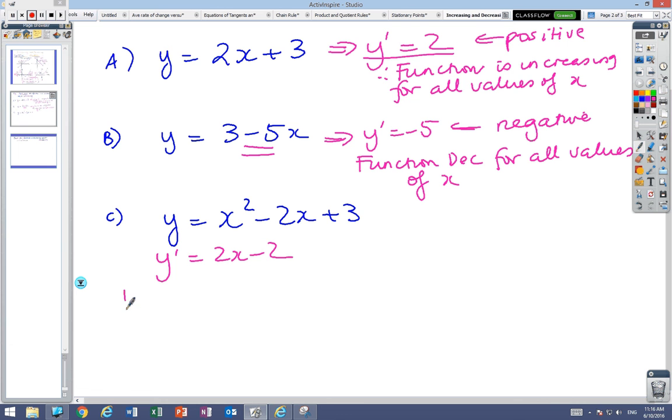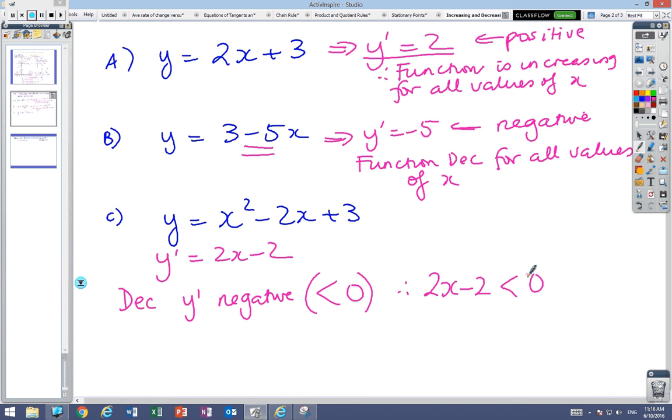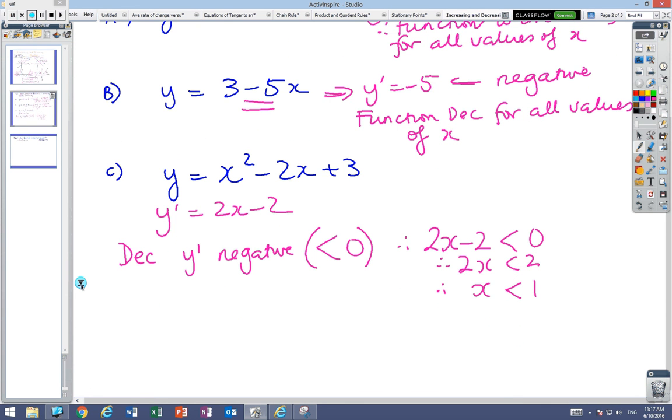Now, for decreasing, y dash is negative, and we define that as being less than 0. So 2x minus 2 is less than 0, therefore 2x is less than 2, therefore x is less than 1. So we end up with an inequality.